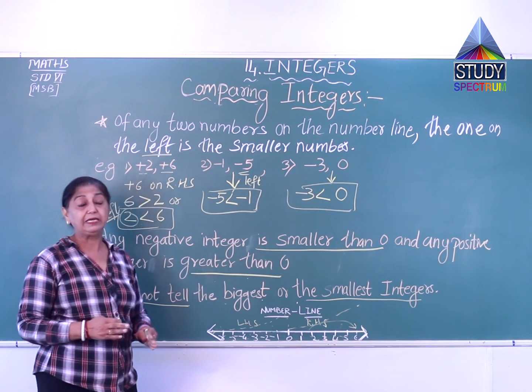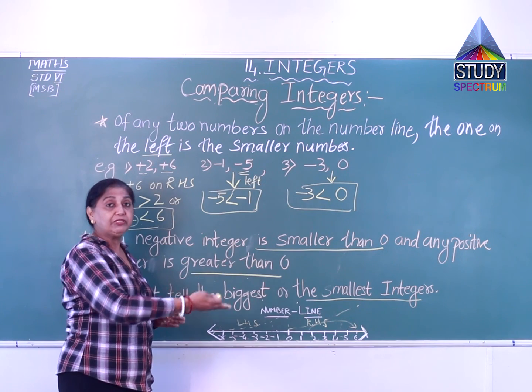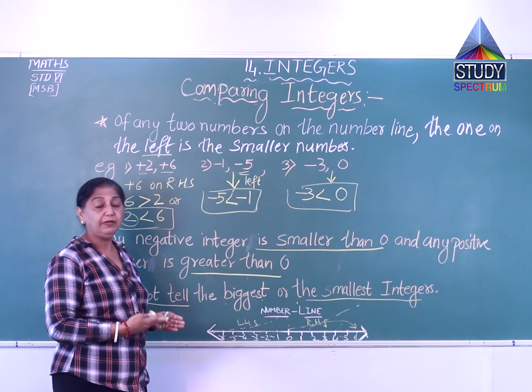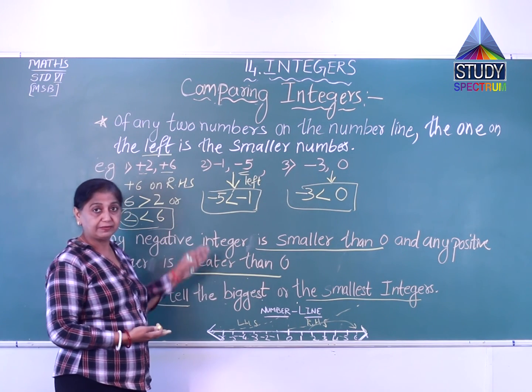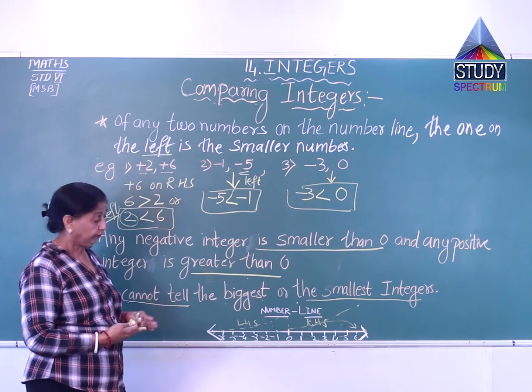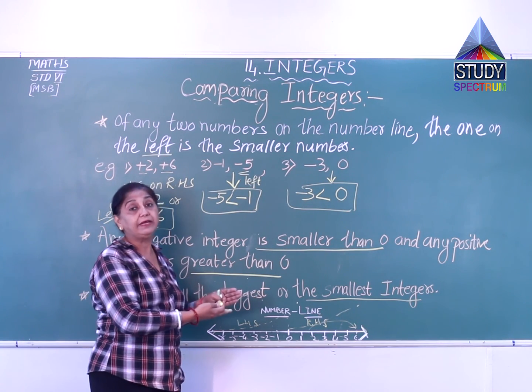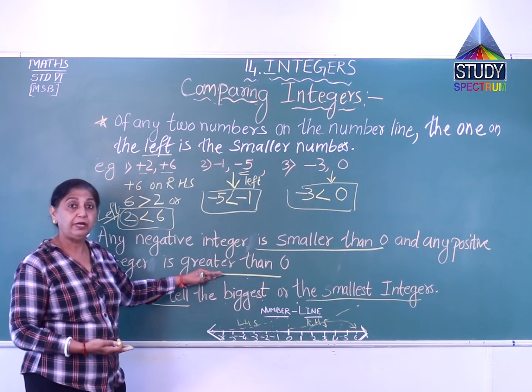So we have learned that in comparing integers we have to see the number which is to the left of the given number, and that is always less. The negatives are less than the origin, that is 0, and the positives are greater than the origin, right?